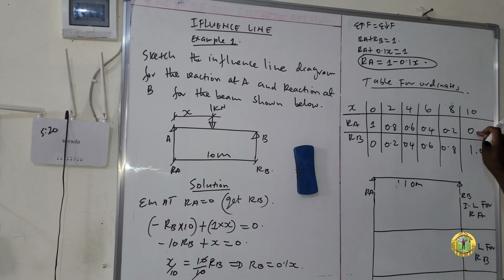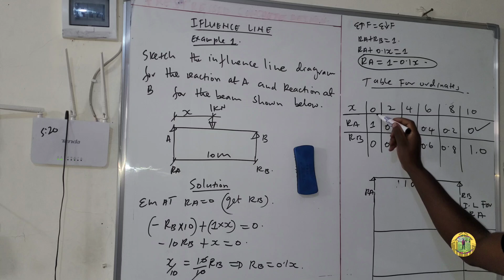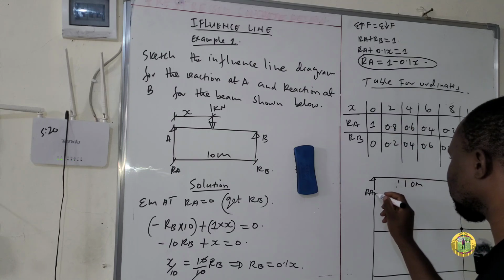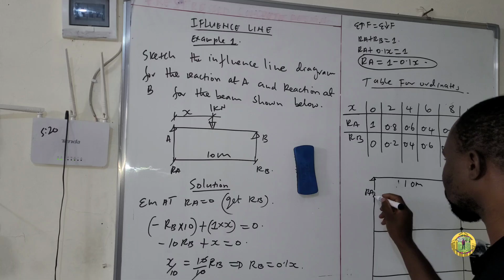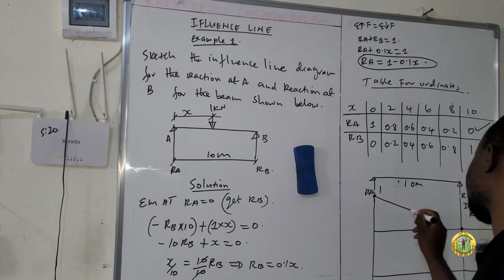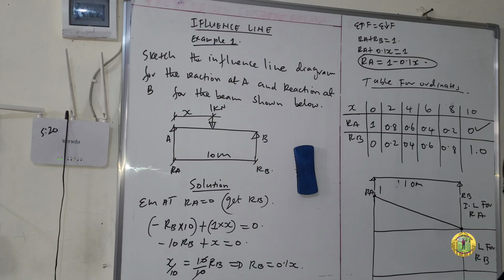So we'll start from this side. At 10 meters, we have 0. So at this point it is 0. This one done. And then at 0 distance, the ordinate is 1. So you join this like that.